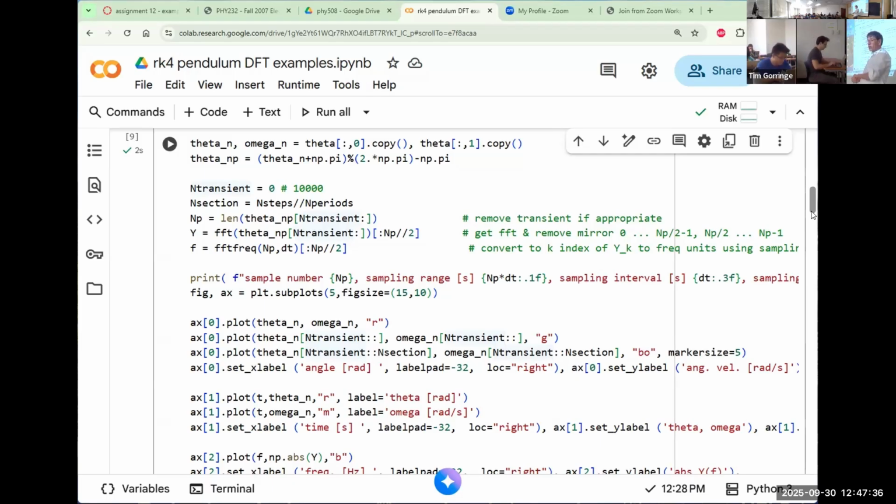So right now, n transient is set to 0. So that will cause me to calculate the Fourier transform of all of the data, all of the solution. But if I set n transient to be non-zero, then I will calculate the Fourier transform of just the steady state portion of the data. So that's the goal of introducing this variable.